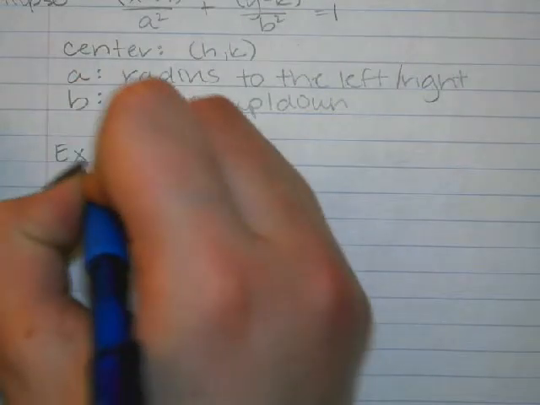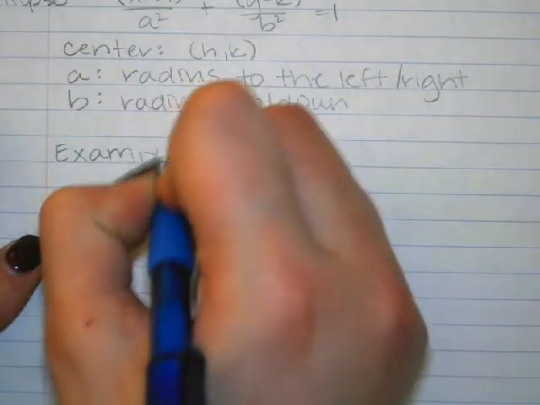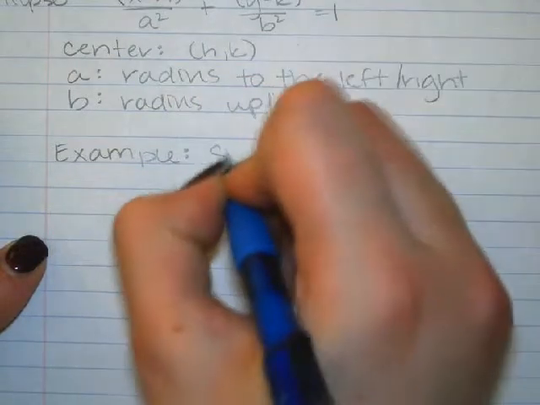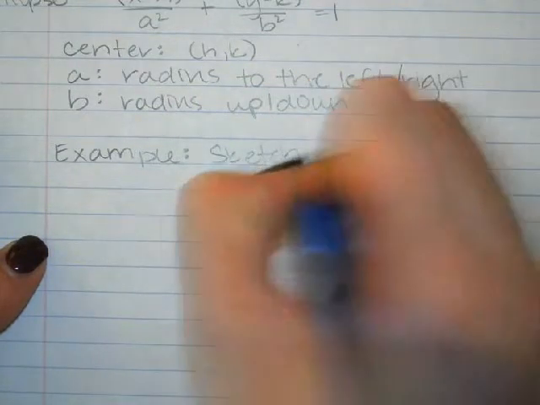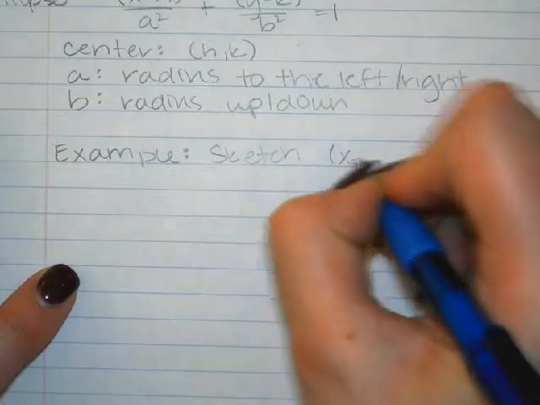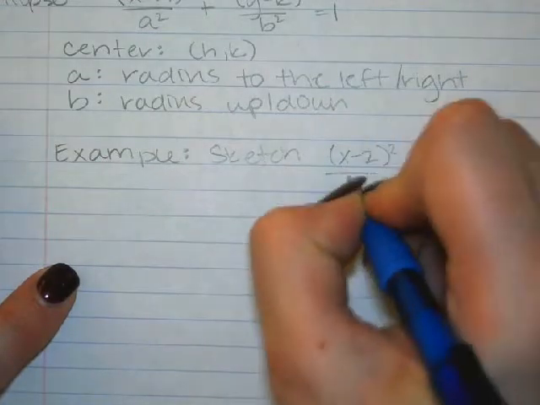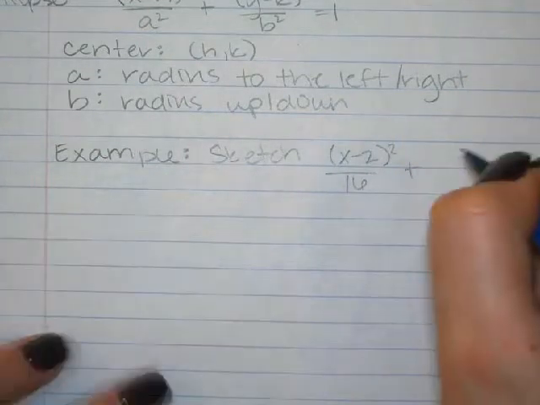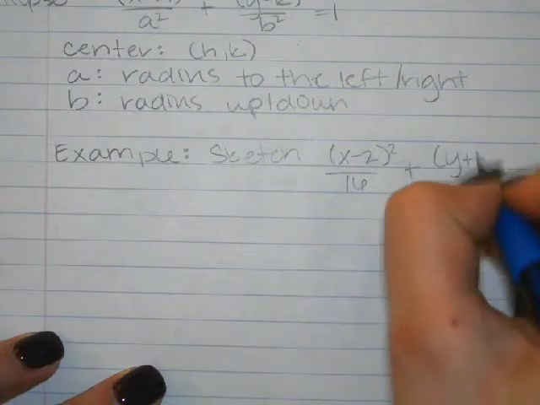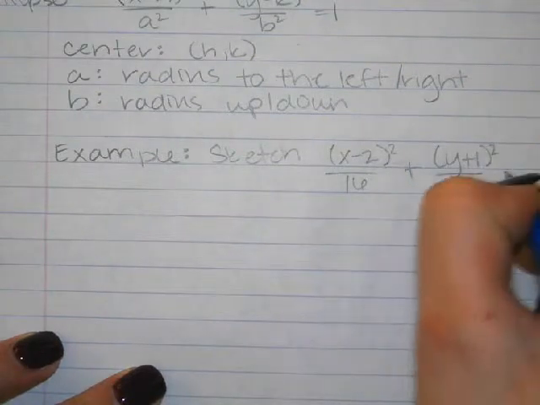So we're going to go ahead and sketch an ellipse. We're going to sketch (x - 2) squared over 16 plus (y + 1) squared over 9 equals 1.